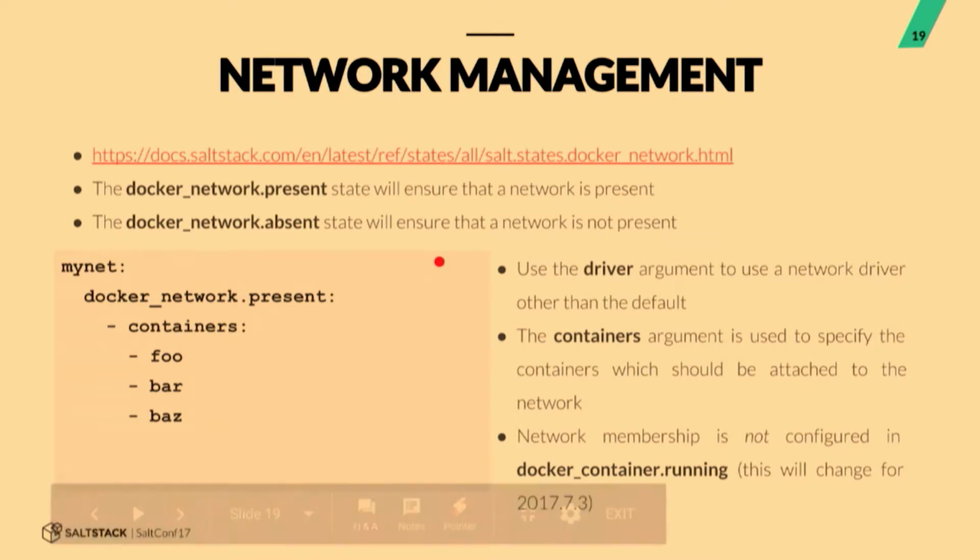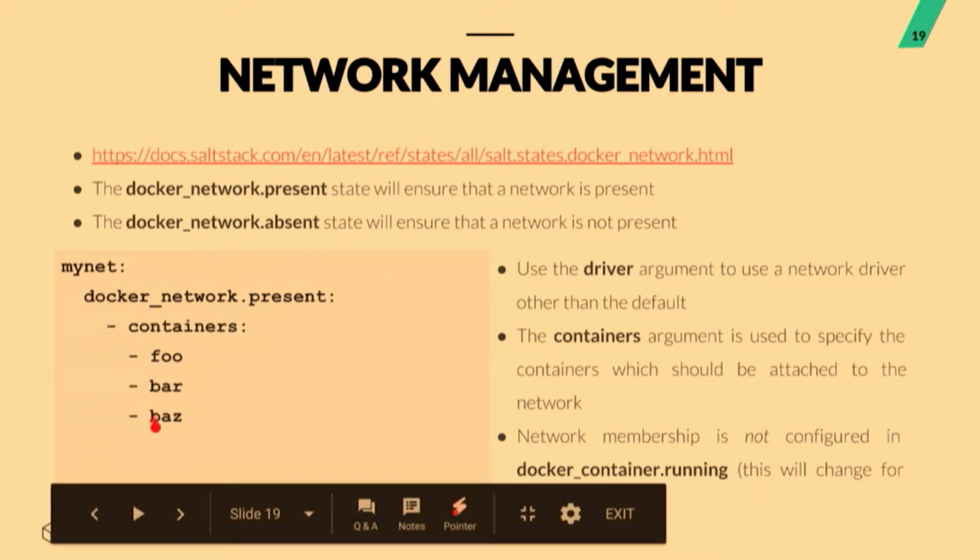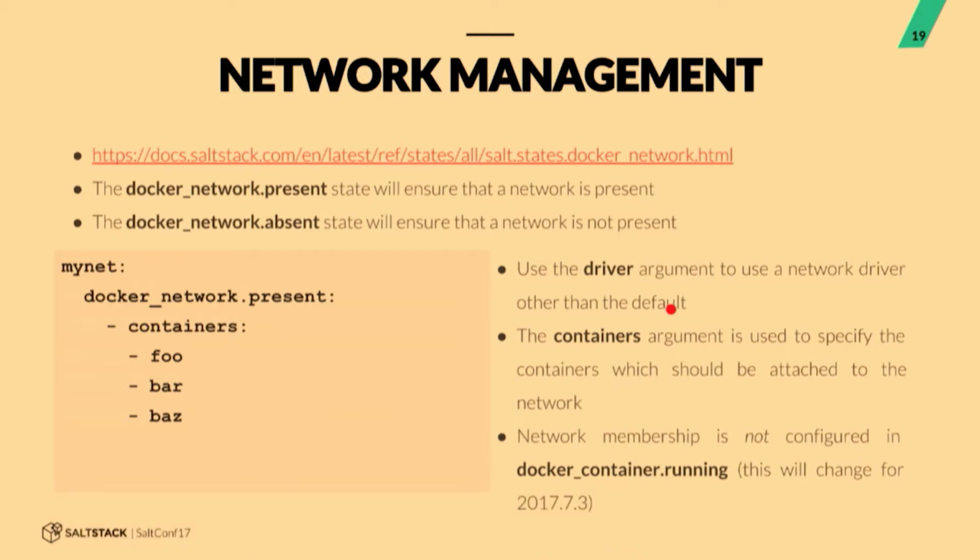Actually, in the next feature release, you'll be able to configure network membership on a Docker container.running state. So this sort of usage here will still be supported, but it won't be recommended moving forward. And actually, I put the wrong version here in this slide. Instead of 2017.7.3, it's coming in the Oxygen feature release.